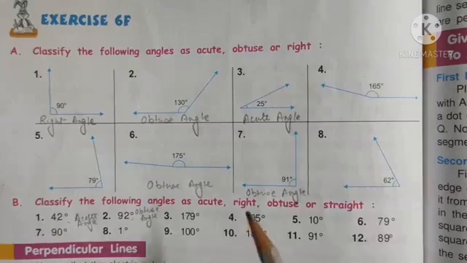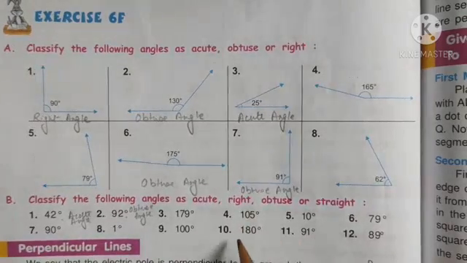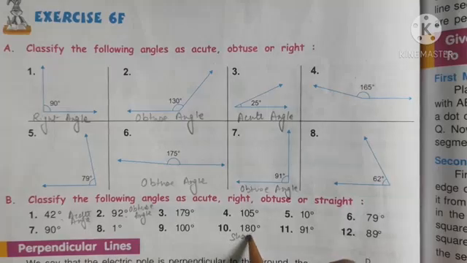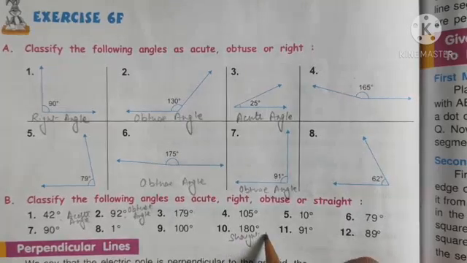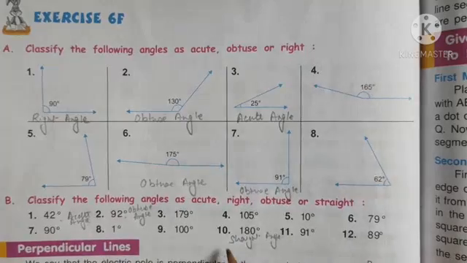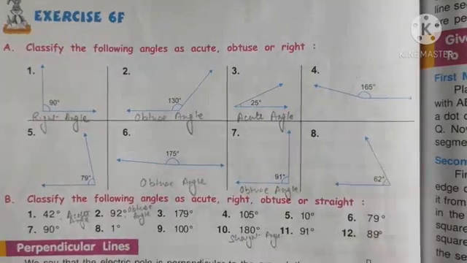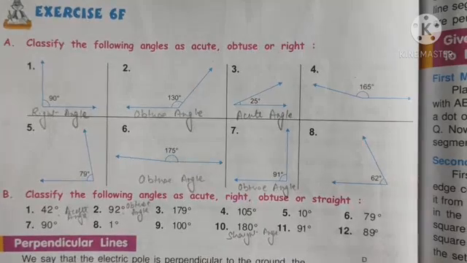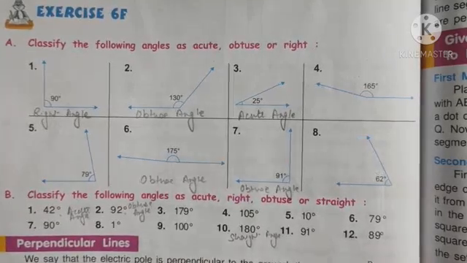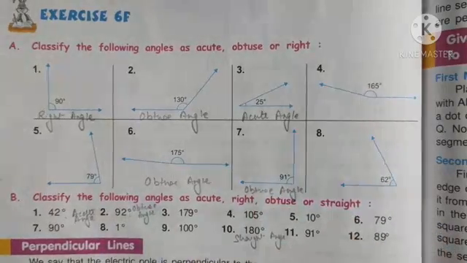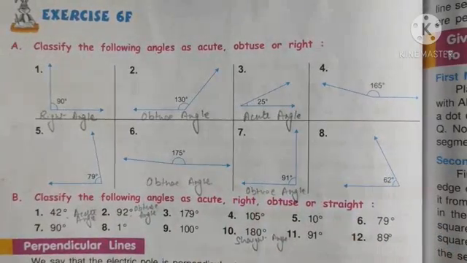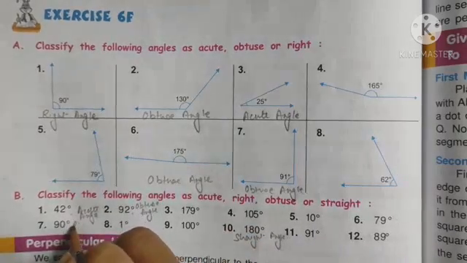Now here this is 180 degrees, so it is a straight angle. I am writing in the book, but I will suggest you write in your notebook. So here number 7 is a right angle, 90 degrees.